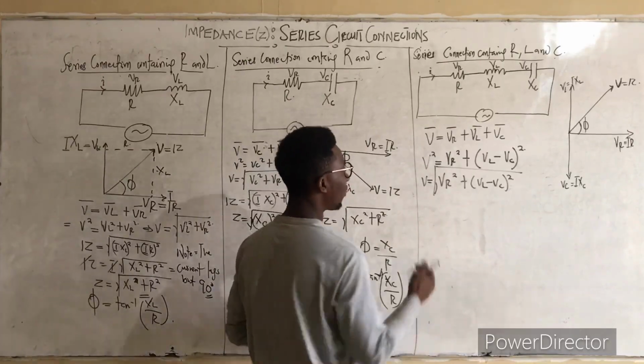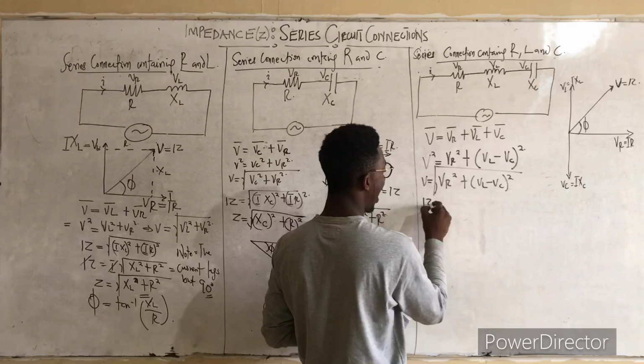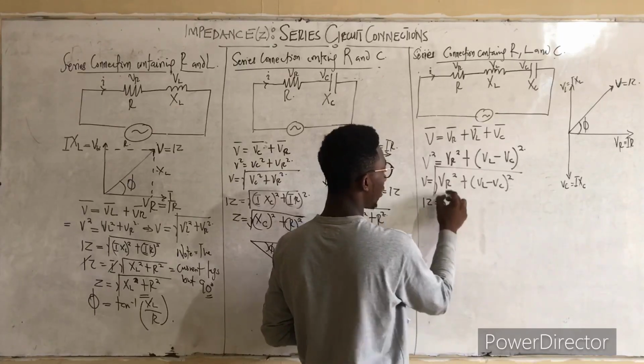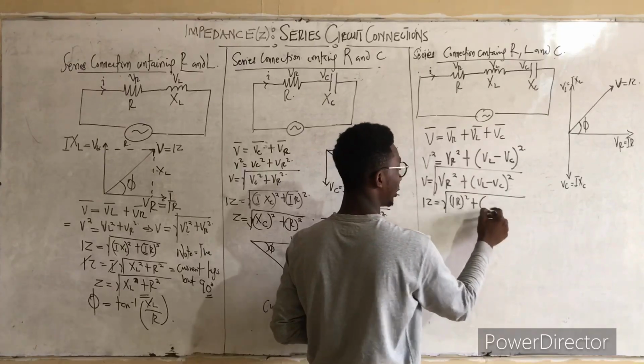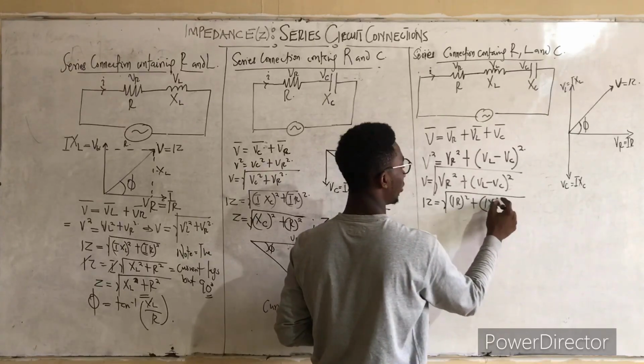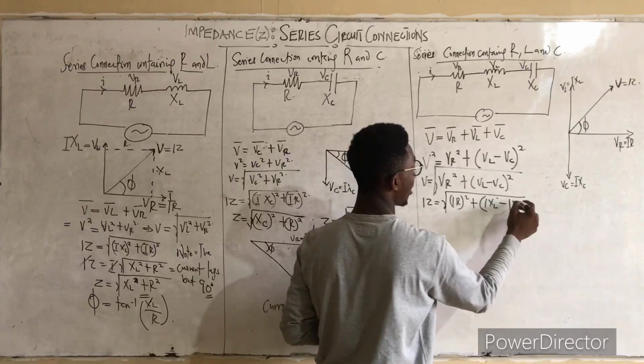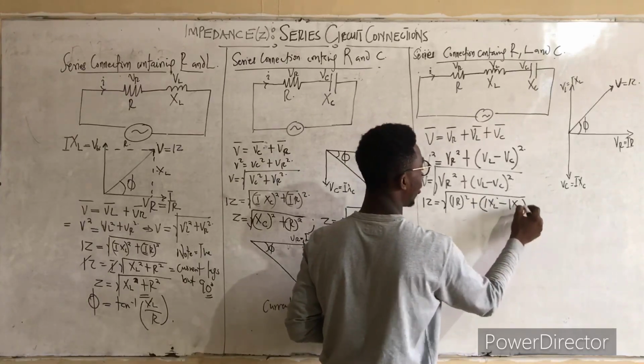When you simplify this down by inputting IZ, which is the V equal to IZ, giving square root of this one is IR all squared plus IXL minus IXC all squared.